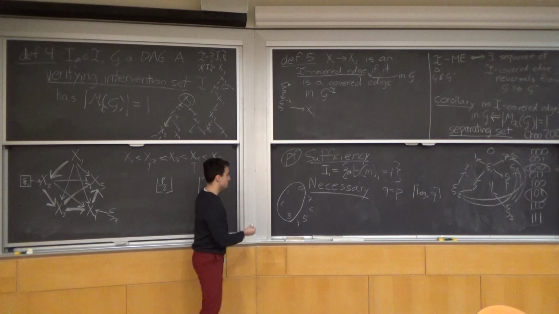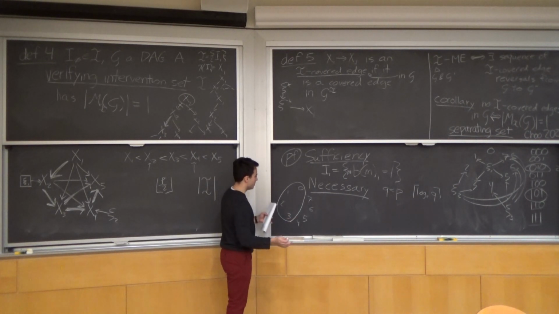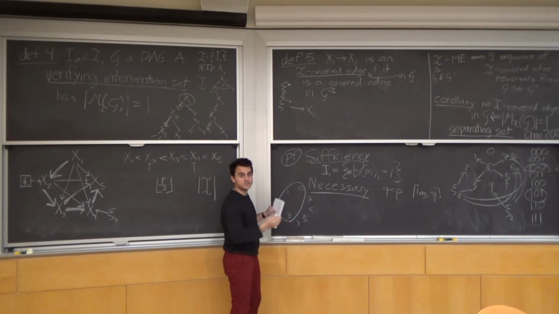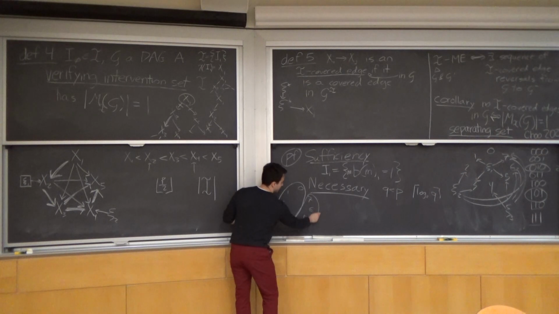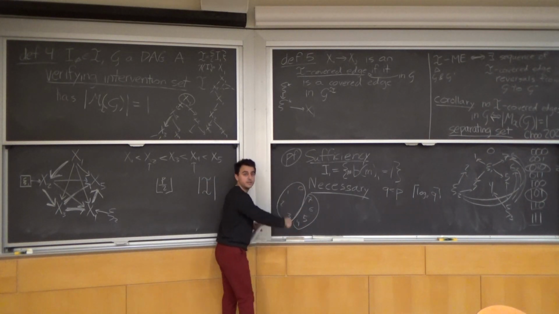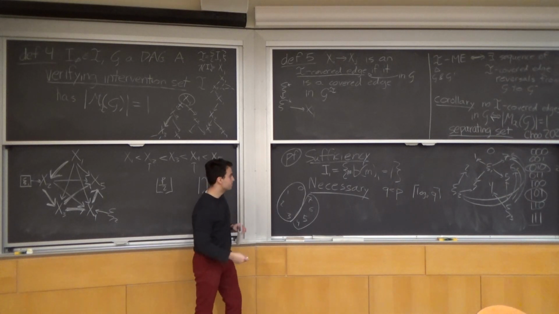But basically, they're all together in the graph, so I'm not getting any of the edges. So I still have a complete graph over those, and then I still have a complete graph over these. The only edges that get oriented are the ones that cross between these two clusters.